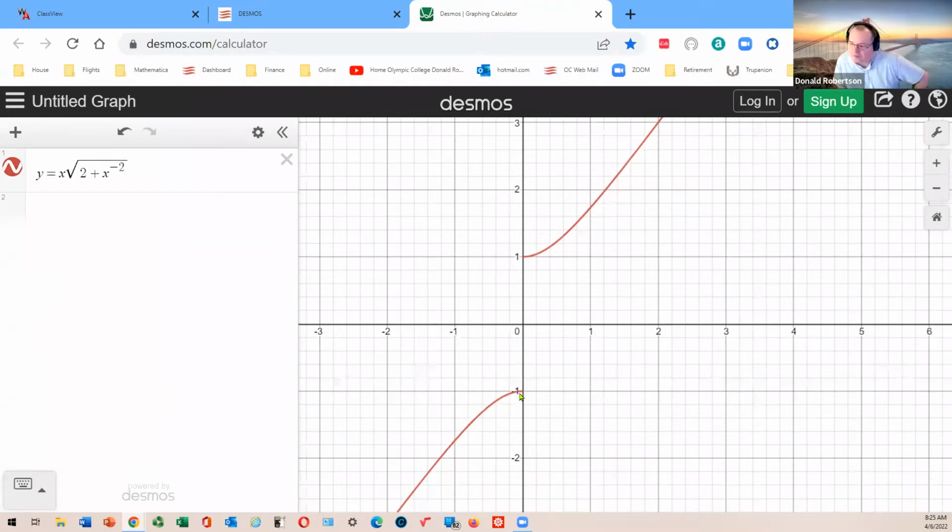Do you see how we got all of that just from the graph? And so that's what you were being expected to do. Any questions about that? Once I've shown you that Desmos does most of the heavy lifting for you, it's pretty much just look at the picture. So let's close on that one.